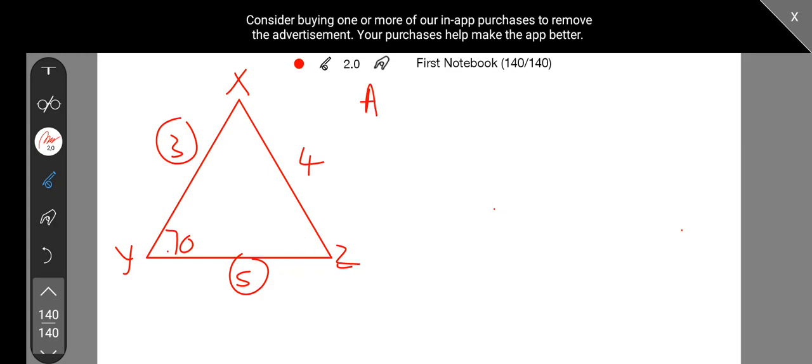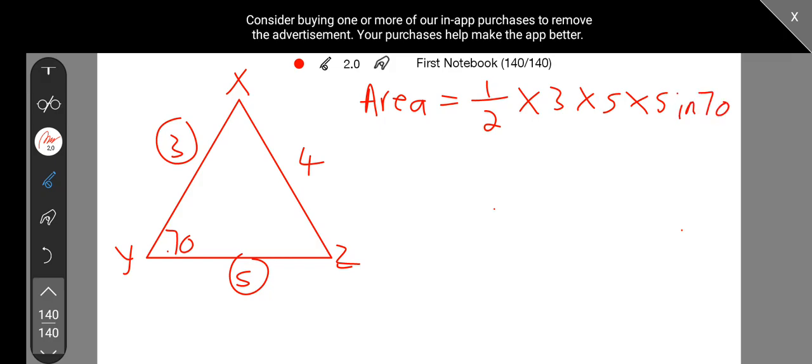So my area will be equal to 1 over 2 multiplied by 3 multiplied by 5, then multiplied by the sine of 70. Sometimes if the other angles are not given, or maybe the angle which you want is not given, use the sum of angles in a triangle to solve for the other one.